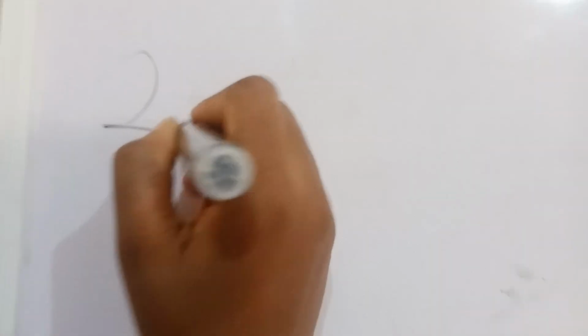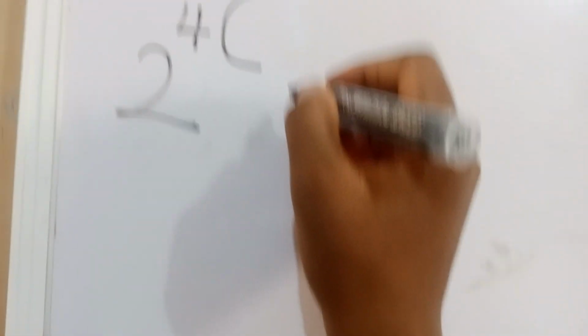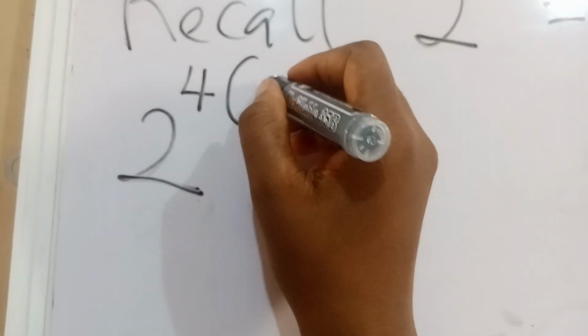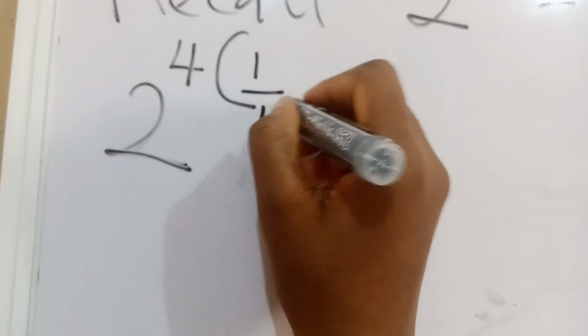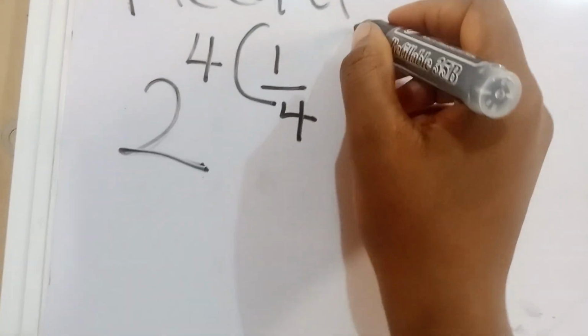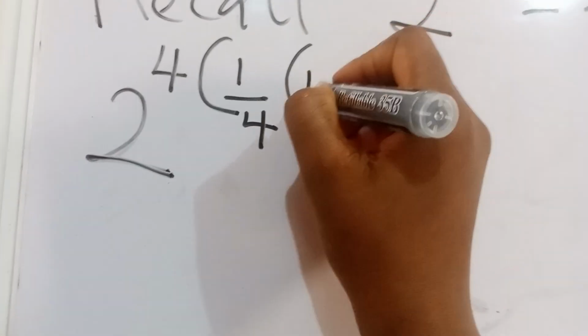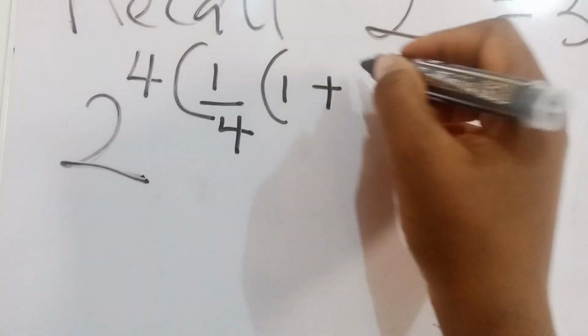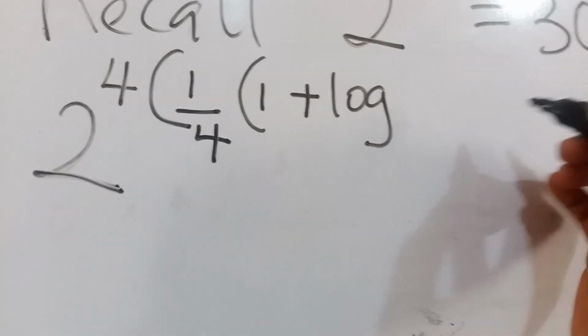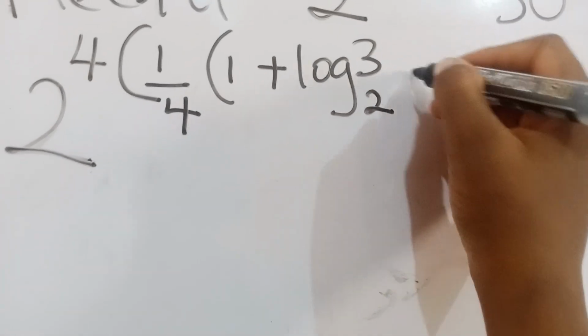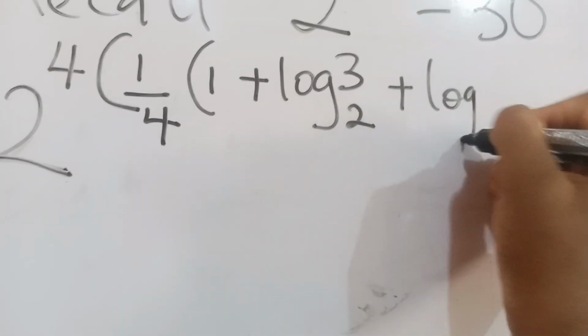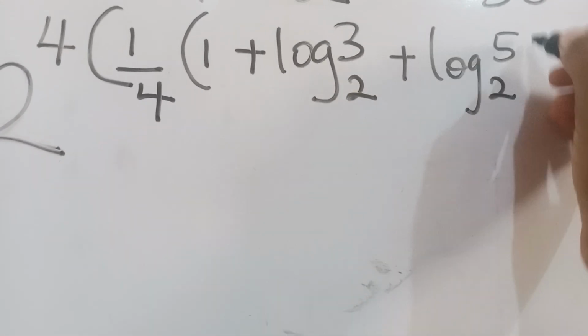Now 2 to the power of 4 in bracket 1 over 4, open bracket, 1 plus log 3 to base 2 plus log 5 to base 2.